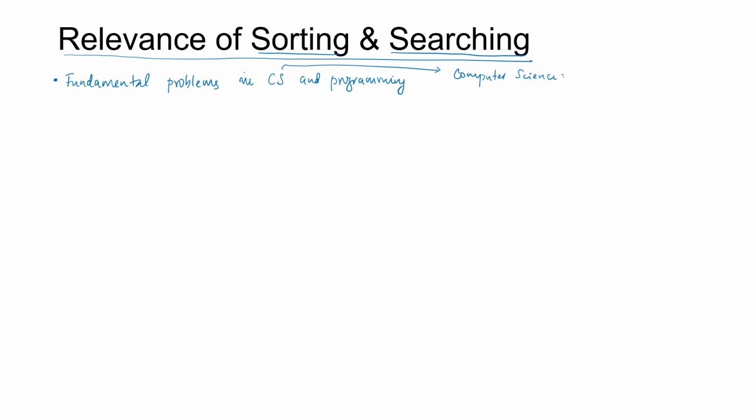So they are fundamental problems in computer science and programming. Search, when we talk about search, is a class of techniques. So, in broad terms, it is a class of techniques for systematically finding or constructing solutions to problems.